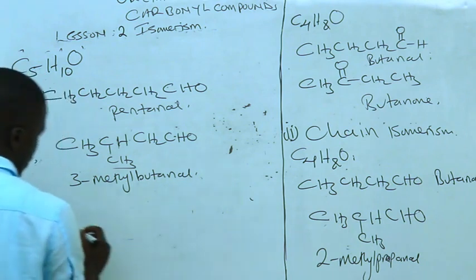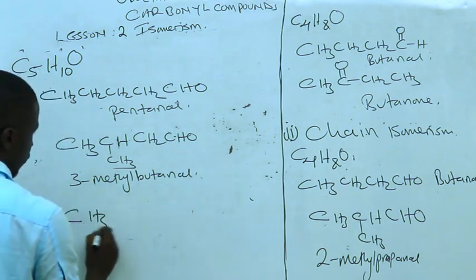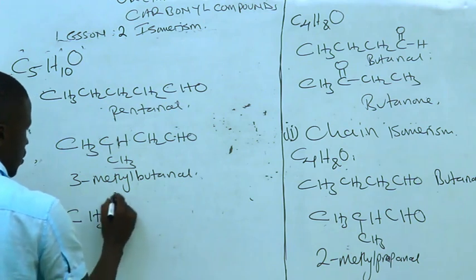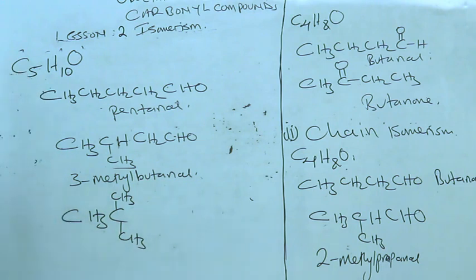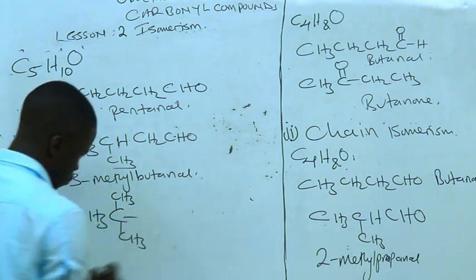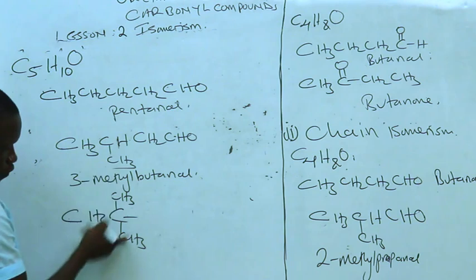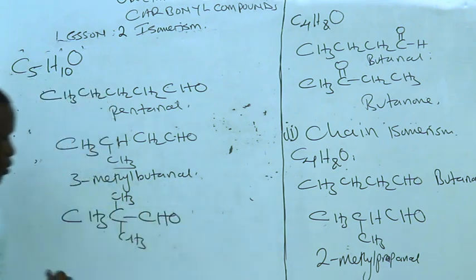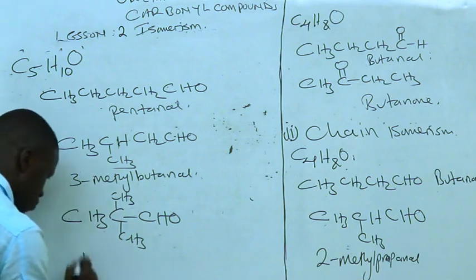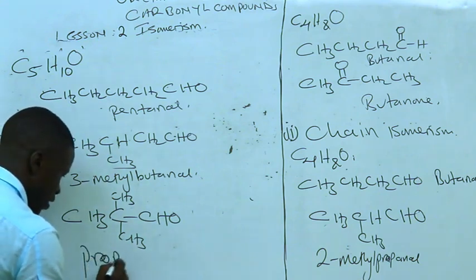We can even create more branches and have CH3C. This is CH3. There's another CH3. And so far we put 1, 2, 3, 4. So we want to put the 5th one as the one carrying the aldehyde group. If these are 3 in a carbon chain, then the name should be propanal, the parent name.